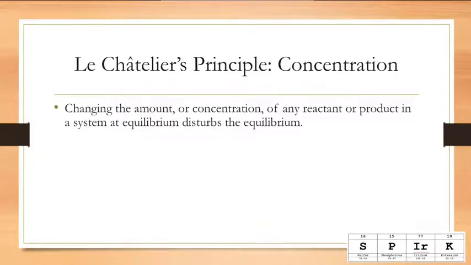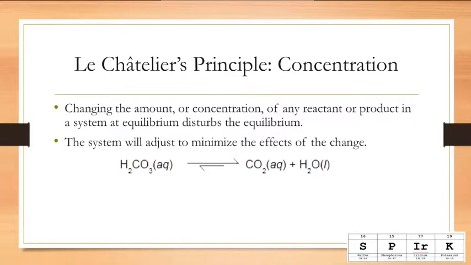Changing the amount or the concentration of any reactant or product in a system at equilibrium disturbs the equilibrium. The system will adjust to minimize the effects of the change. So if we look at this chemical reaction, carbonic acid yields CO2 plus H2O. If we add CO2, the rate of the reverse reaction increases. So think about it, we are adding more product.